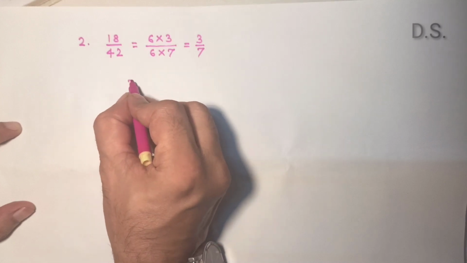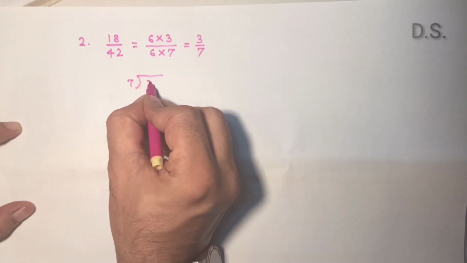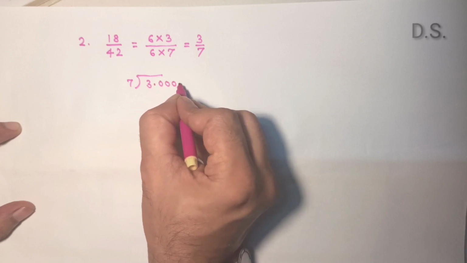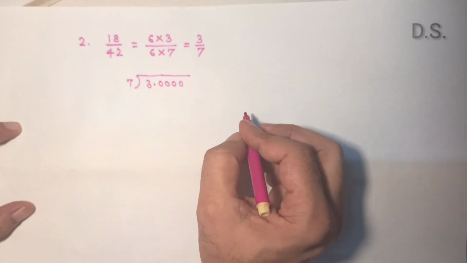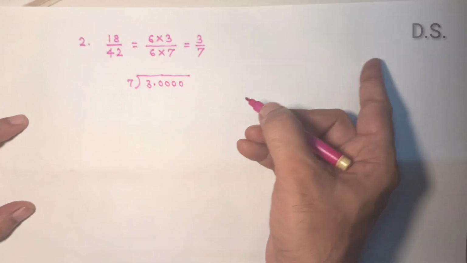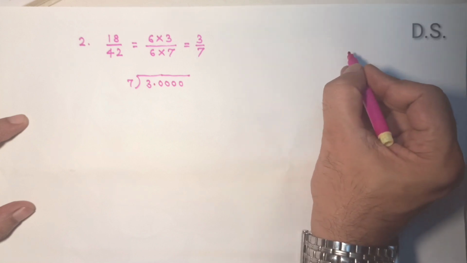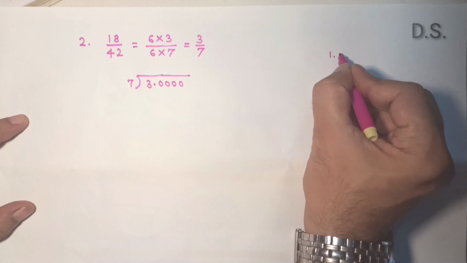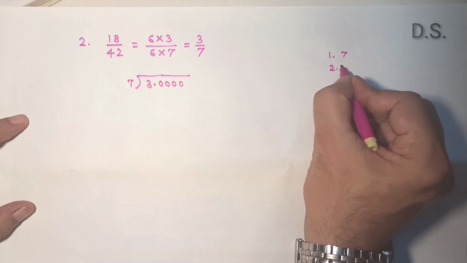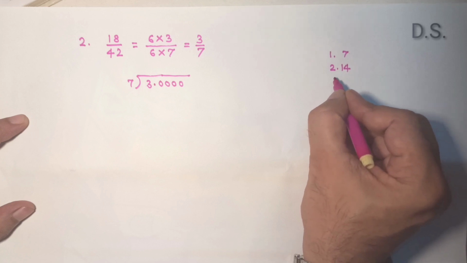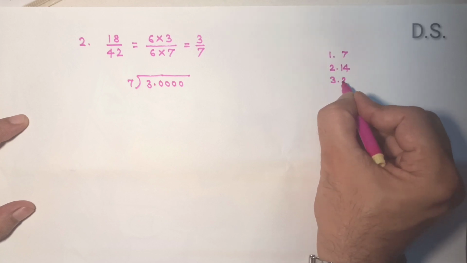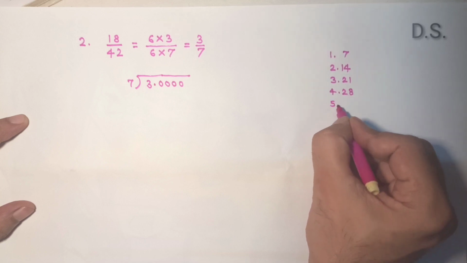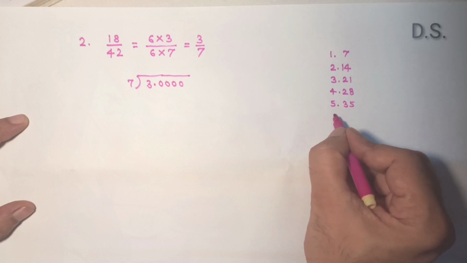So I'll write 7 outside and 3 inside, and 3 can be written as 3.00000 and so on. Now if you don't know the table, you can write the table here. 7 ones are 7, 2 are 14, 3 are 21, 4 are 28, 35, and so on.